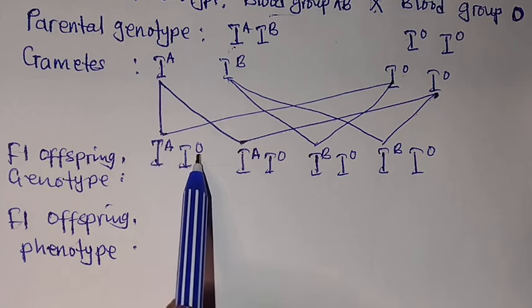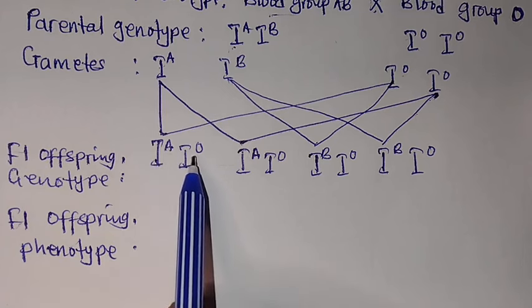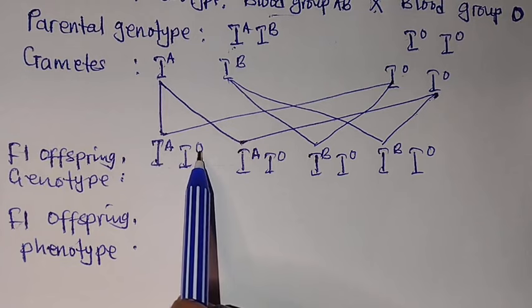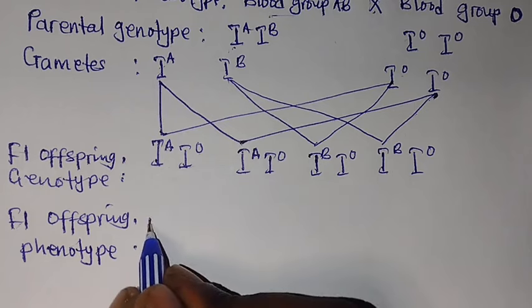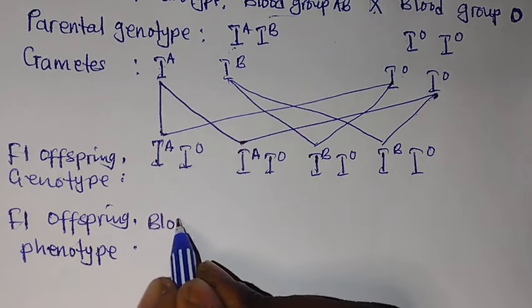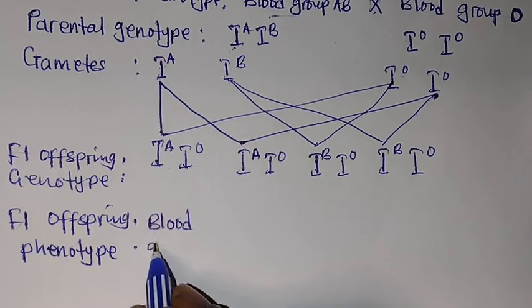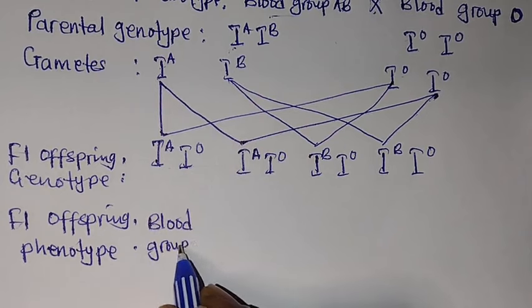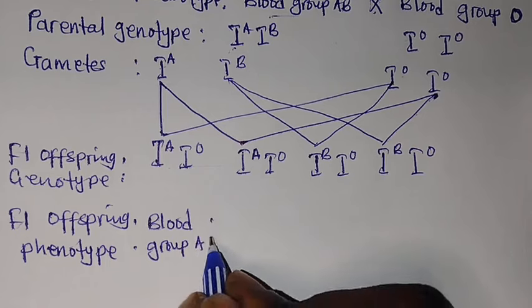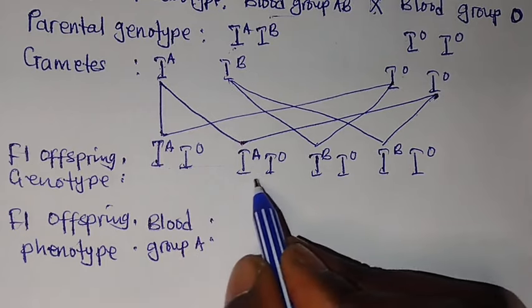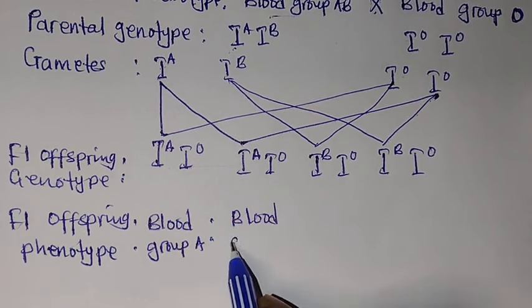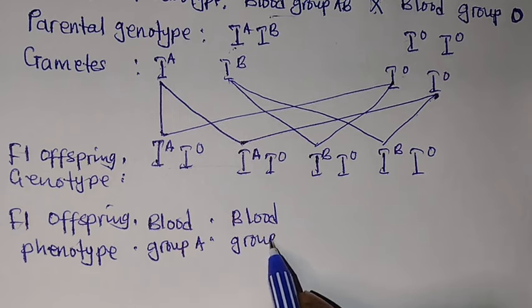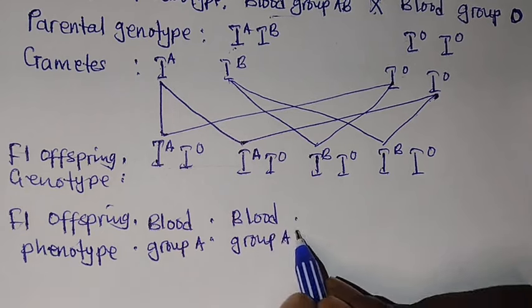This one, AO, remember I said O is recessive, this is dominant. So this is blood group A. So write blood group A. Same here, blood group A.